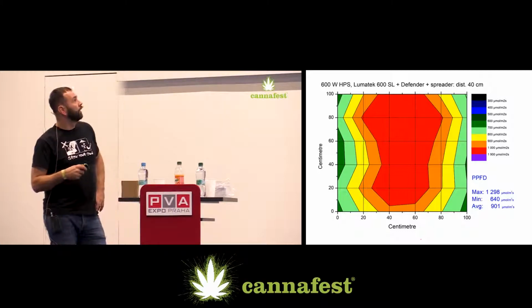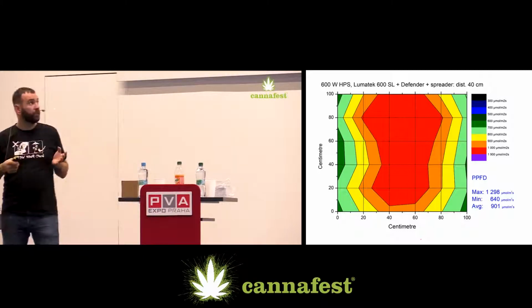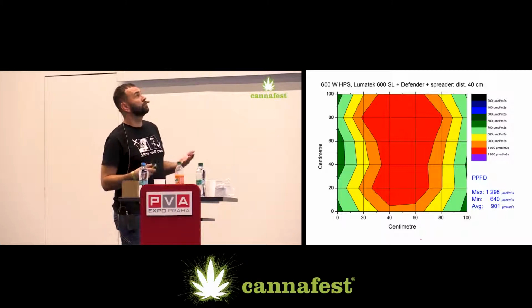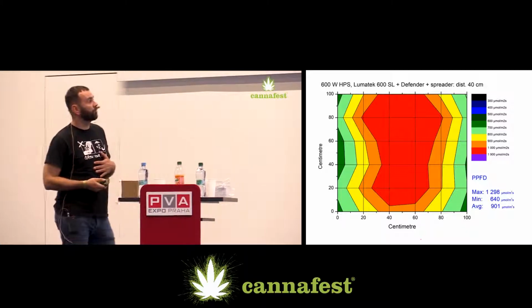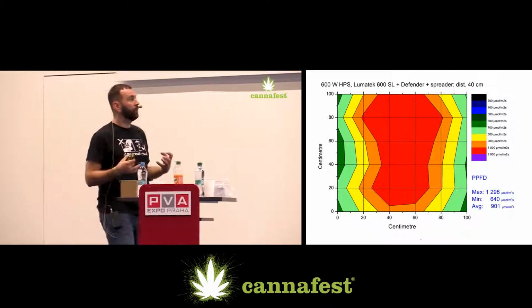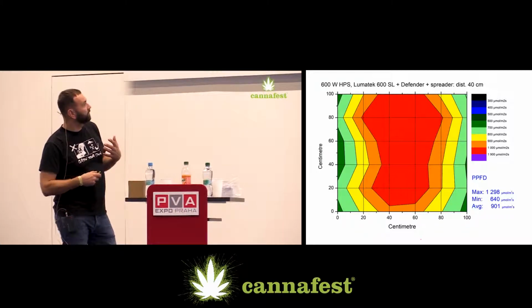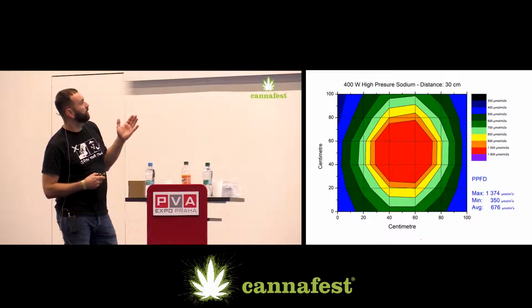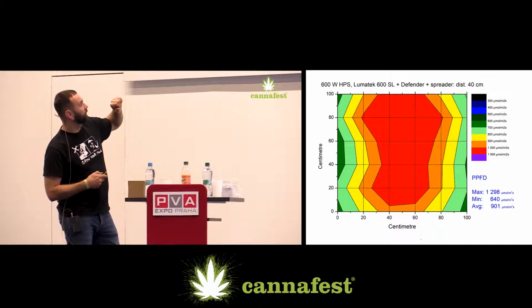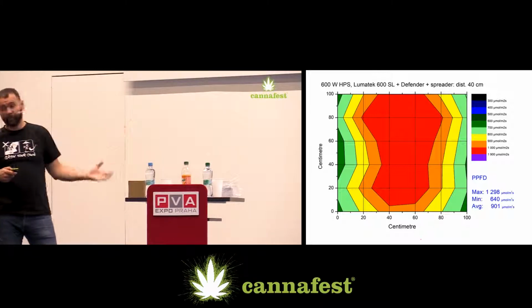600 watt, also with an electronic ballast, 40 centimeters distance. Of course, a 600 watt bulb has to be placed at a greater distance, but that distance again flows from practical experience, and the results were very good. The average PPFD was 901, which is quite a good result, and wherever it's beyond 1000, the size of this area is much more extensive, so you can see that the flowers get much more intensity.